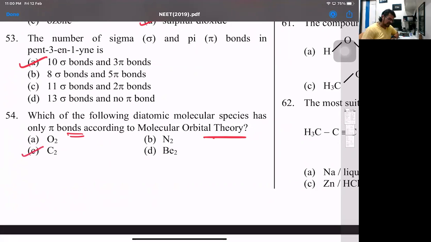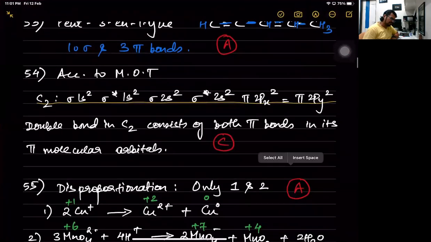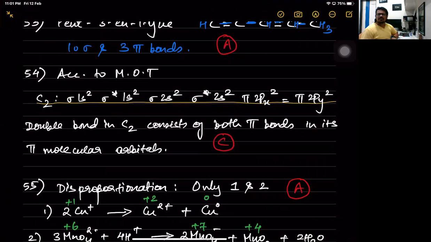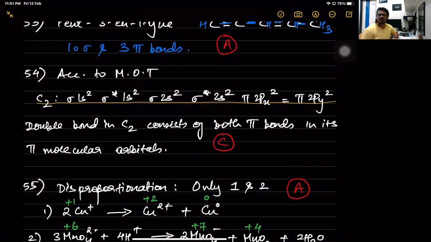And if you write the configuration, look at that, 54th one, according to MOT. C2 is sigma 1s2, sigma asterisk 1s2, sigma 2s2, sigma asterisk 2s2, pi 2px2 equal to pi 2py2. So we have the double bonds over there. Both are pi bonds in the pi molecular orbitals. 54 is C.